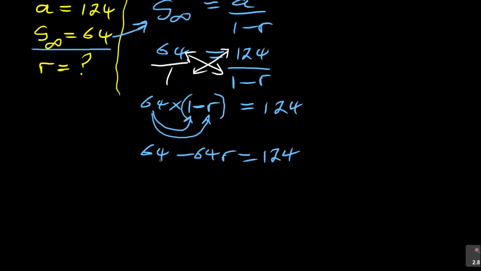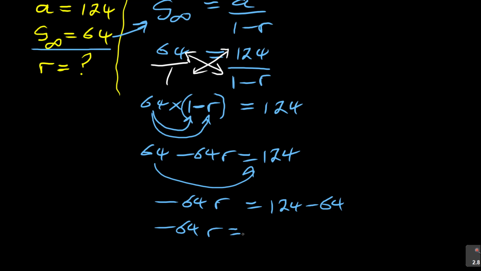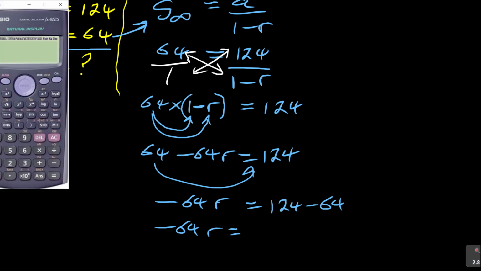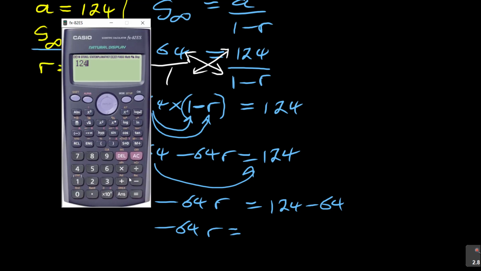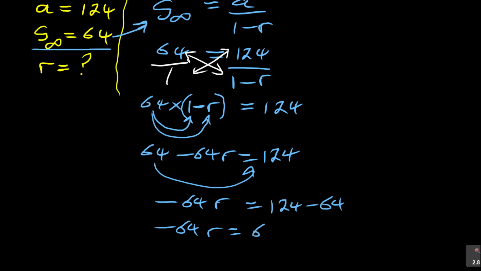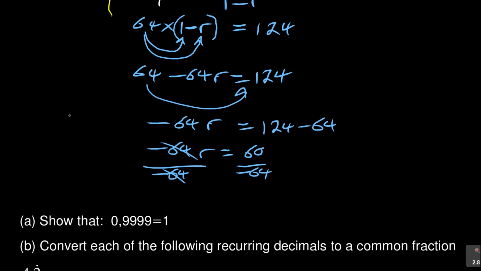And then after that, it's up to you. I can take 64 to join that, which is negative 64r is equal to 124 minus 64. And then when I simplify that, 124 minus 64 gives me 60. Then I divide by negative 64 on both sides, just to get what? My r. The question is, what is r?